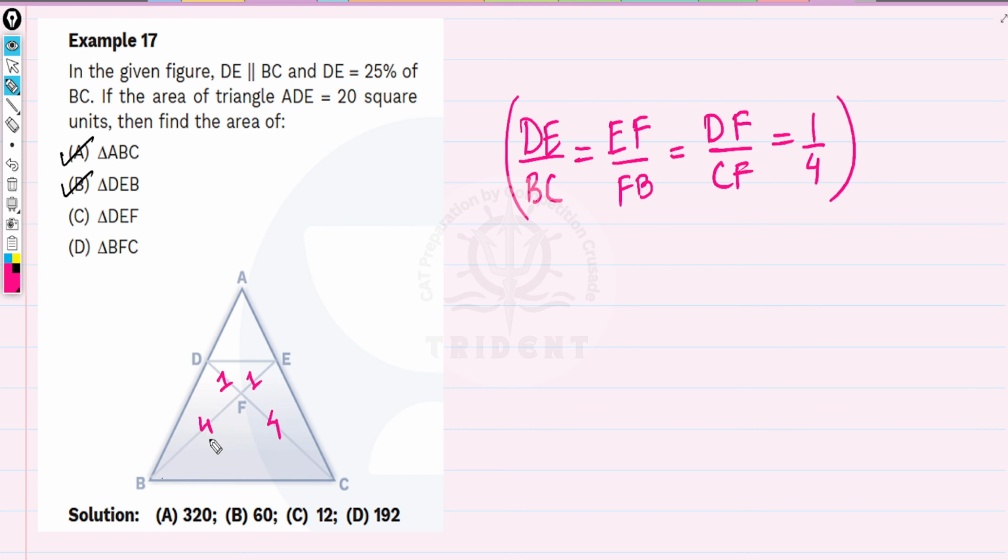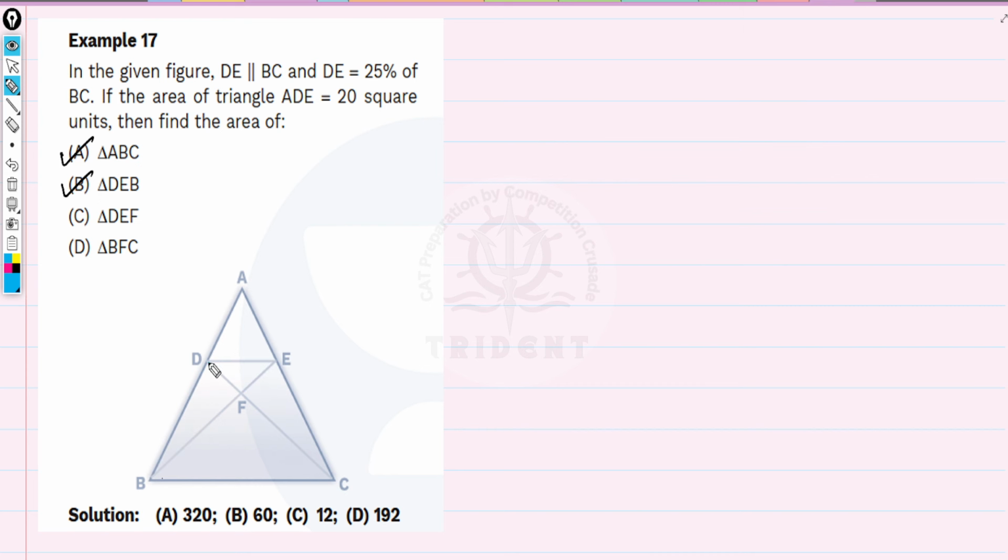Now let's see what it is that we can find out. Do we know the area of DEB? Think about it. Do we know the area of DEB? I am highlighting this area so that it becomes easier for you. Just now we calculated that the area of DEB is 60. So if this is 60 and we know that the intercepts, please look at this carefully, the same idea, common vertex and that thing, 1:4 the ratio.